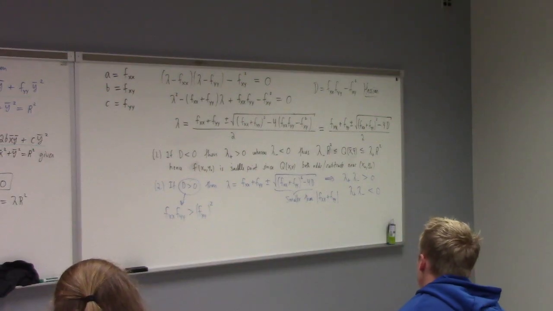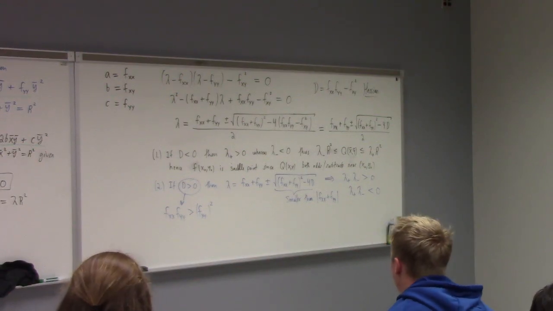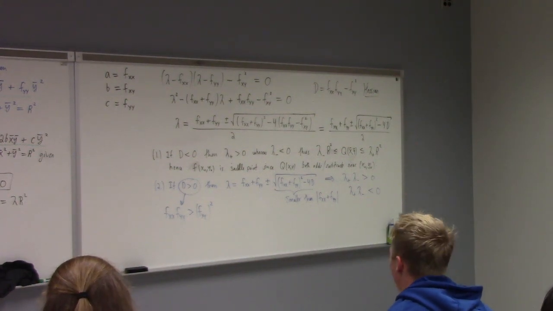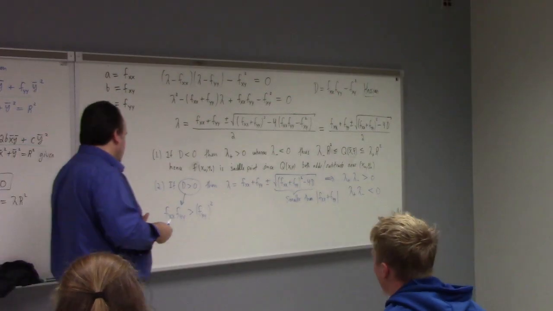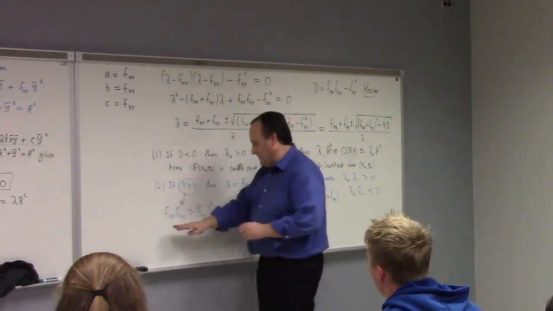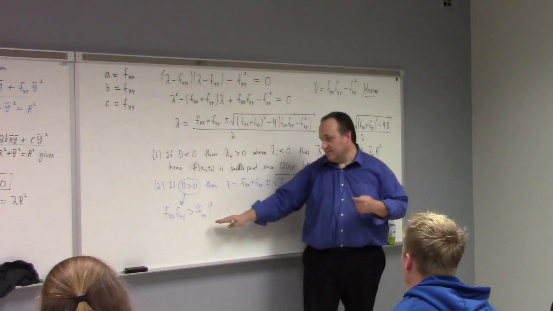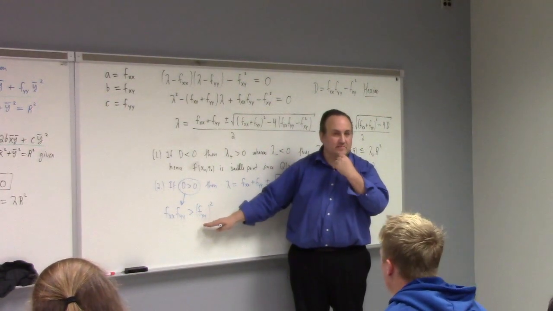What does that tell you? Could you have the xx derivative positive and the yy derivative negative in this case? No, so you see that these must have the same sign if fxy is non-zero, right?